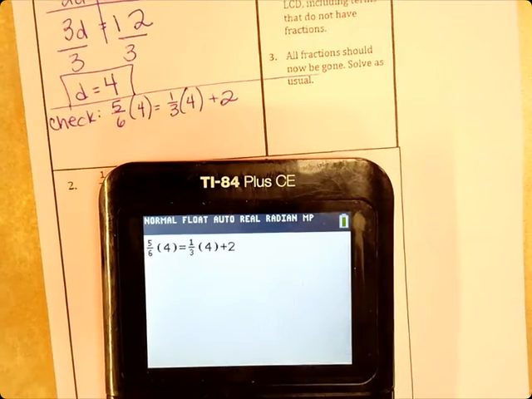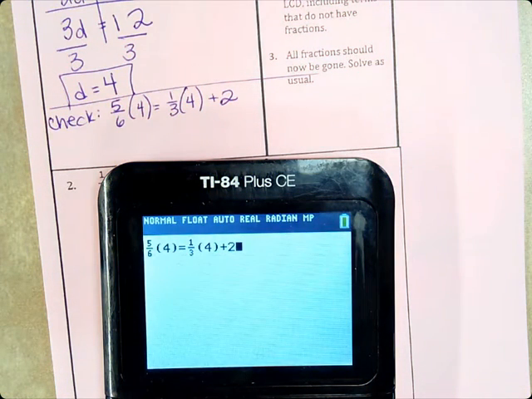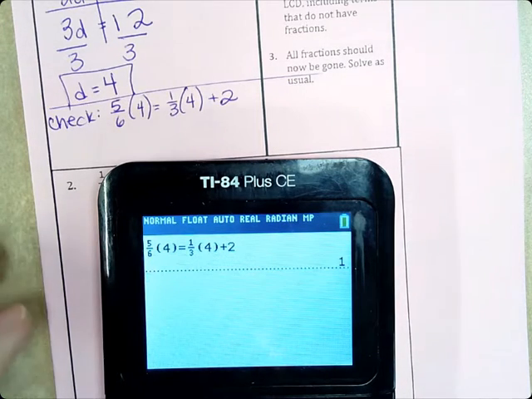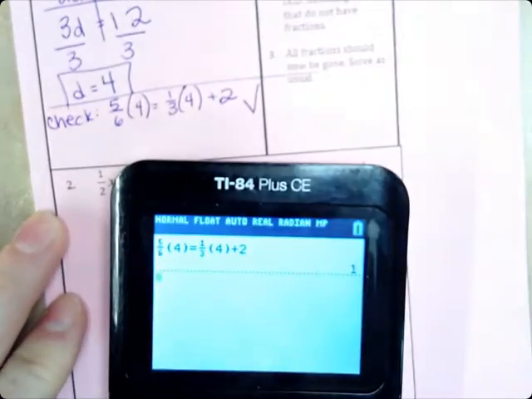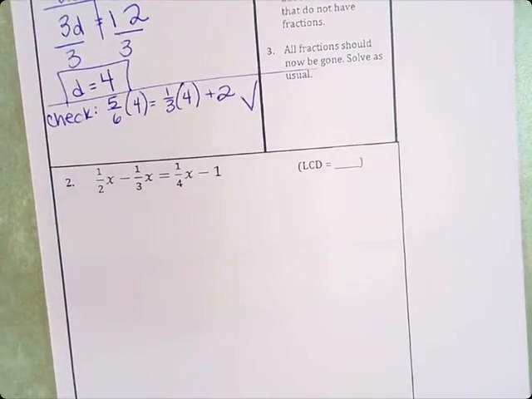Okay, check and see if you're putting it in the same way that I am. So we did it correctly. All right, let's look at the next one.